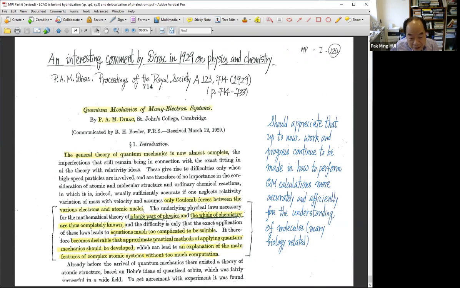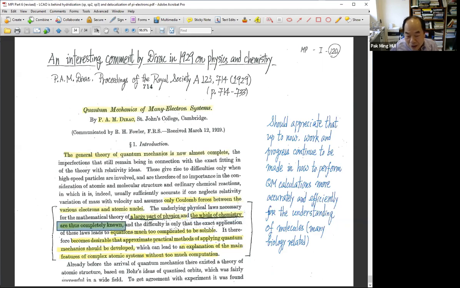And the next sentence is what I want you to notice. The underlying physical laws necessary for the mathematical theory of a large part of physics and the whole of chemistry are thus completely known.